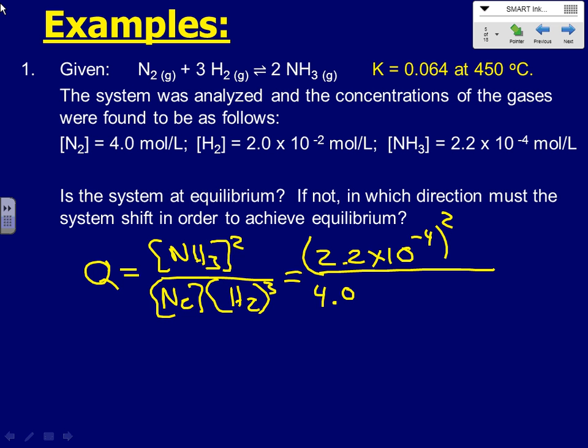N2, 4.0, and that's it, right? And H2 is 2.0 times 10 to the minus 2, and that's cubed. And when you guys have calculated such a thing, I will take the value of Q.